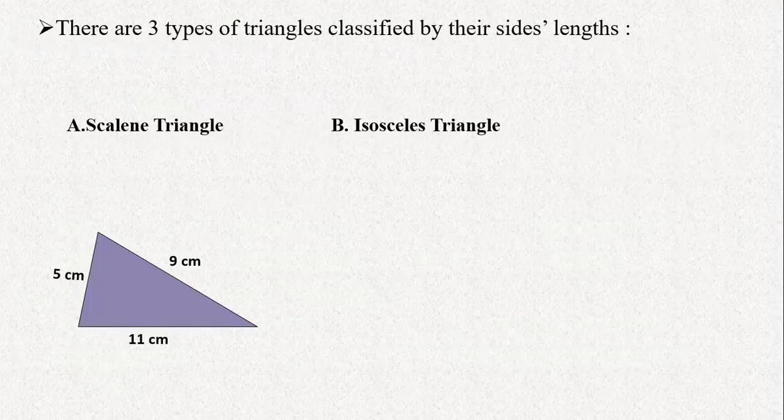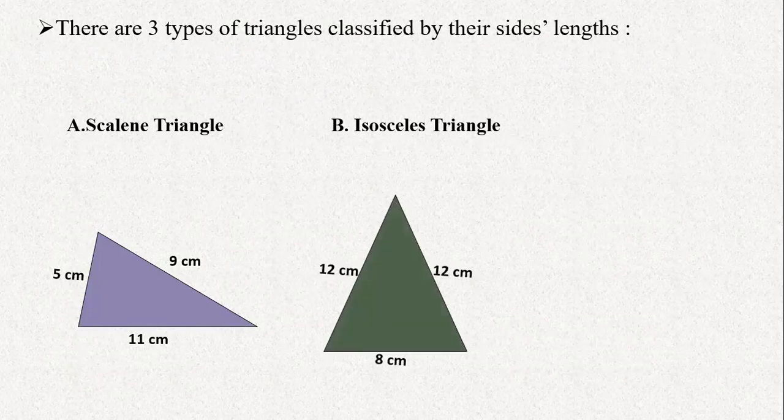Okay, let's look at the second type. It is the isosceles triangle. This triangle is an example of an isosceles triangle. Let's think a little bit. What is the difference between an isosceles triangle and a scalene triangle?